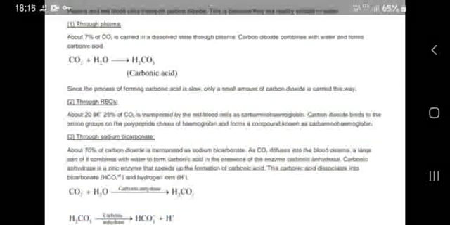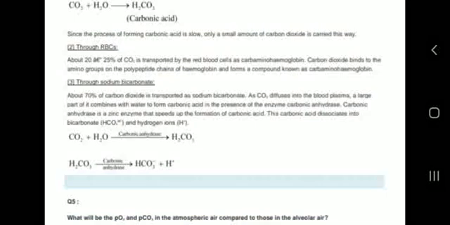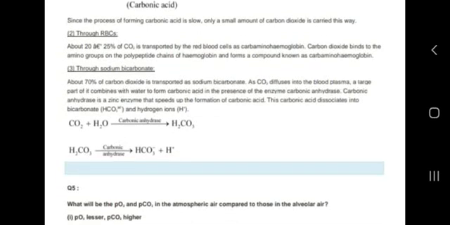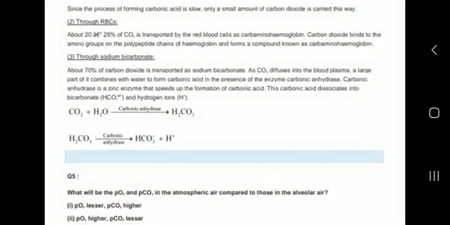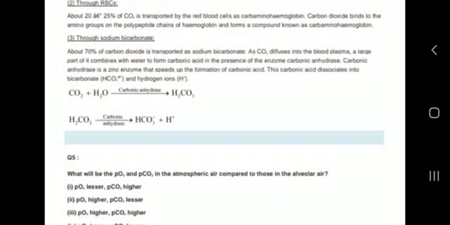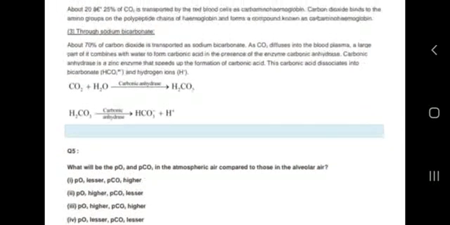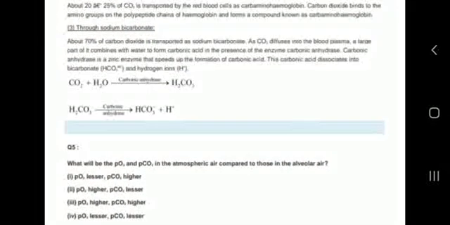And through sodium bicarbonate, 70% of carbon dioxide is transported as sodium bicarbonate. As CO2 diffuses into the blood plasma, a large part of it combines with water to form carbonic acid in the presence of the enzyme carbonic anhydrase.